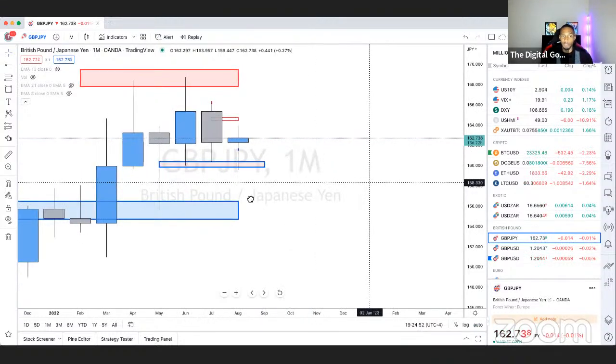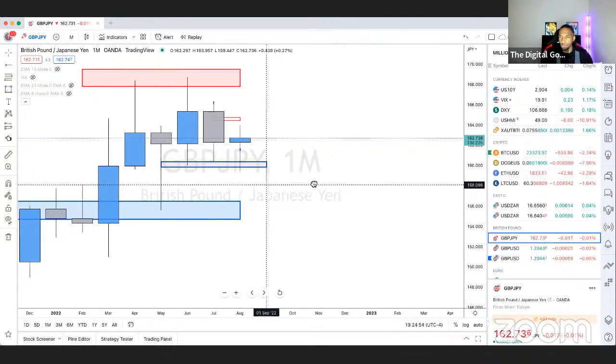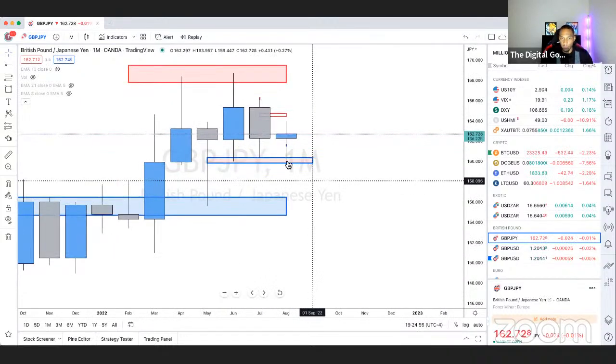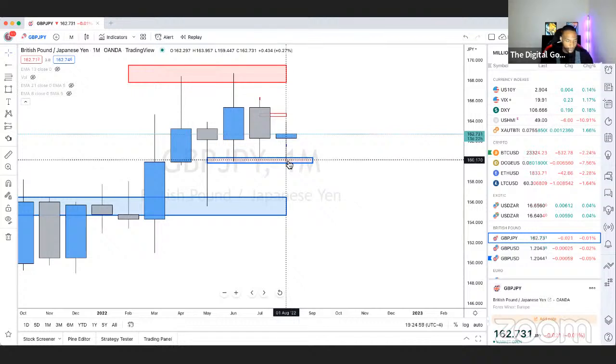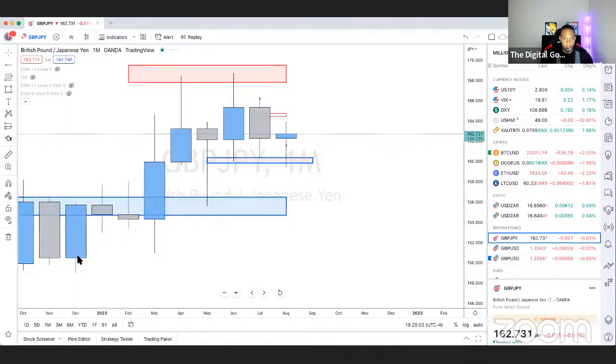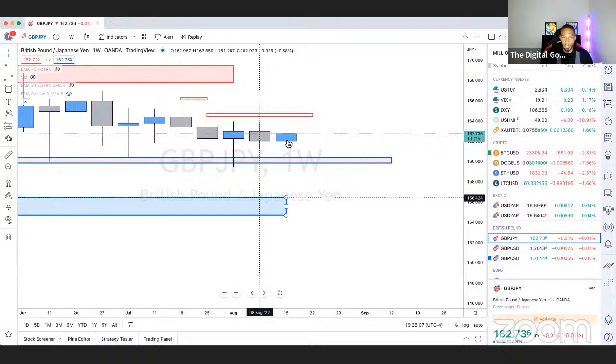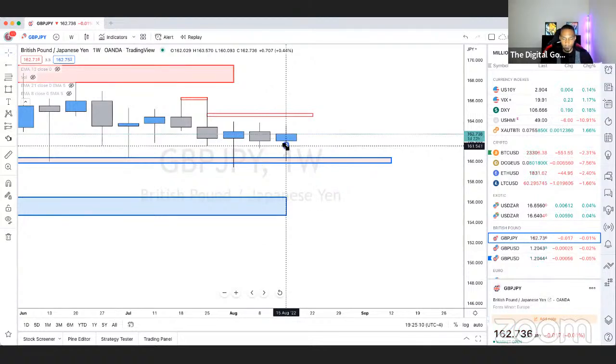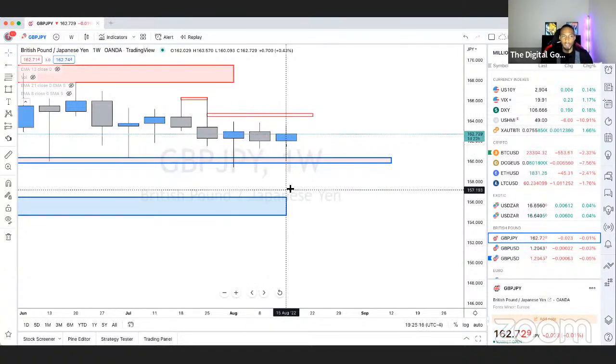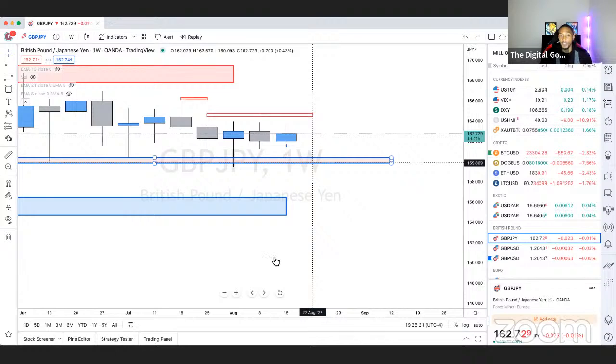So pretty much up until Monday night or Monday evening, guys, the market was selling. From the time the market opened up on Sunday, it started selling down.